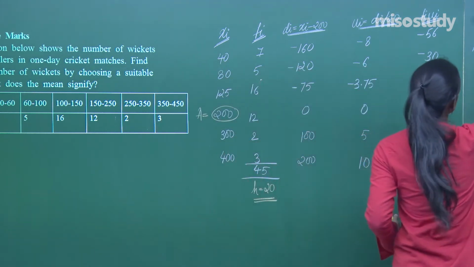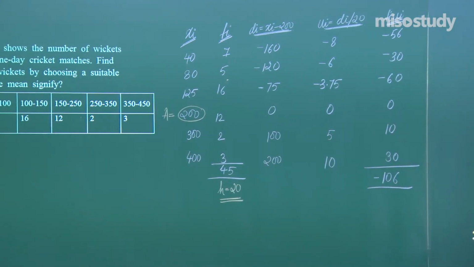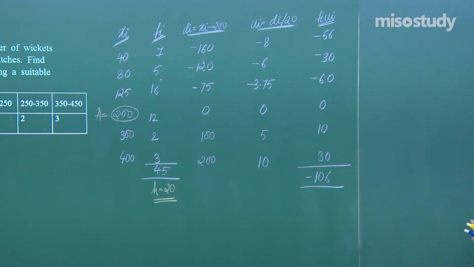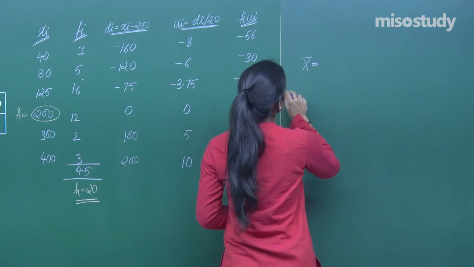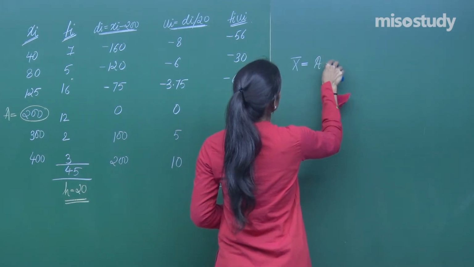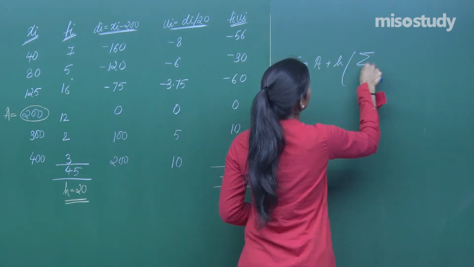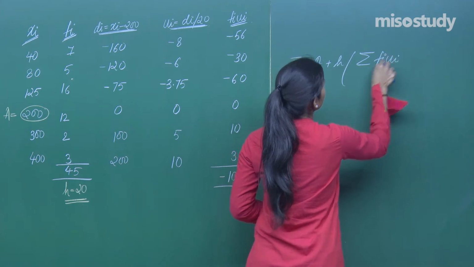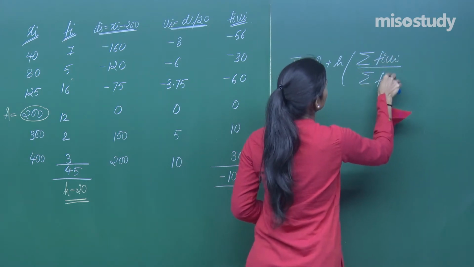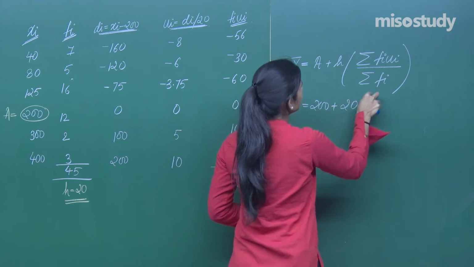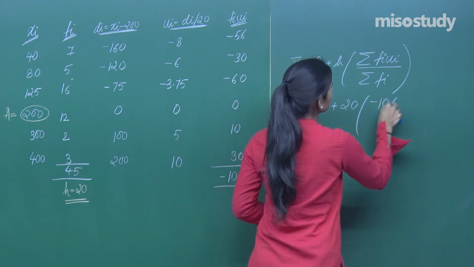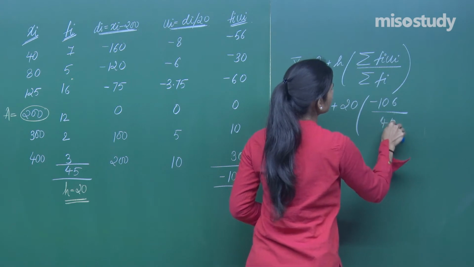Once you have all of this, you can very easily get the mean by the step deviation method, which is a plus h multiplied by summation fi ui upon summation fi. So a is 200, h is 20, summation fi ui is minus 106, and this is 45.